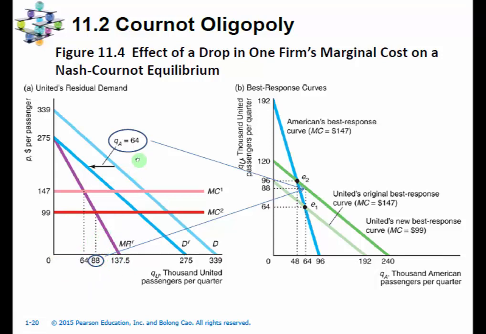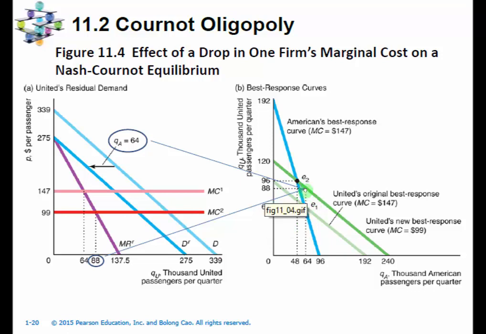Now you can see that on the best response function for United, when American Airlines offered 64, before the decline of the marginal cost, United would also like to offer 64, and that's the old Nash-Cournot equilibrium.